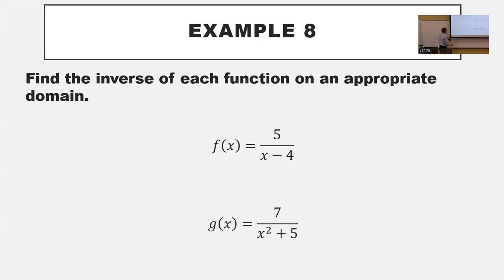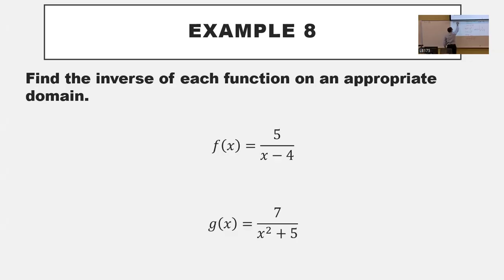These two take, how do I want to say, a little bit more clever solving techniques. Not too crazy on these two.